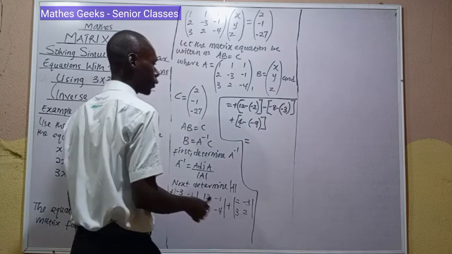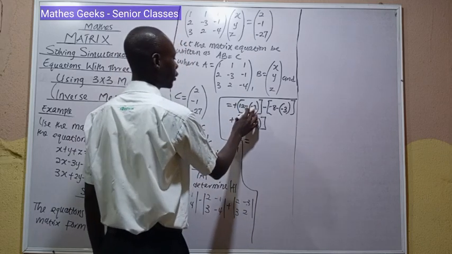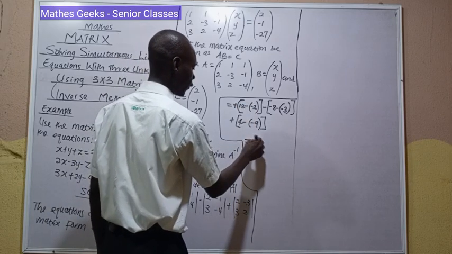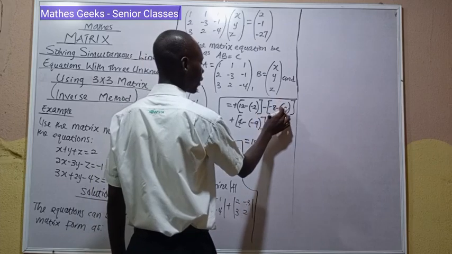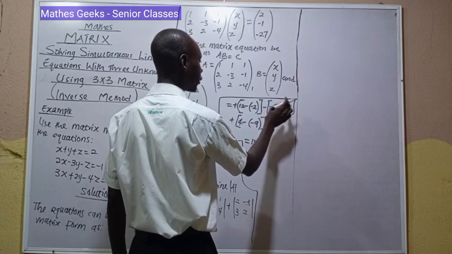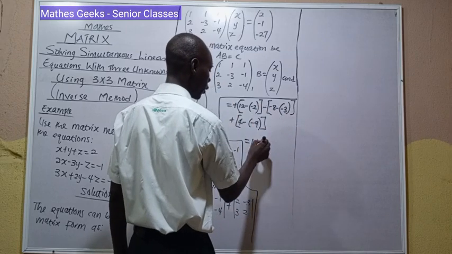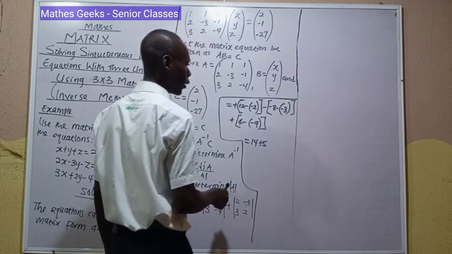Minus times minus is plus, 12 plus 2 is 14, times plus 1 is 14. Minus 8 plus 3 is minus 5, minus times minus is plus, 14 plus 5.